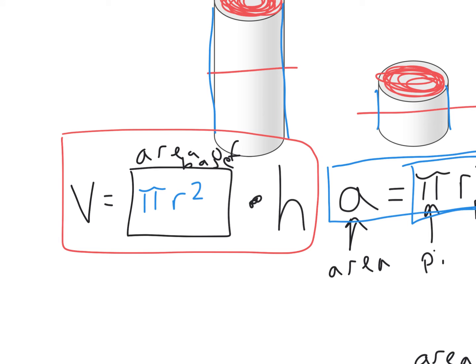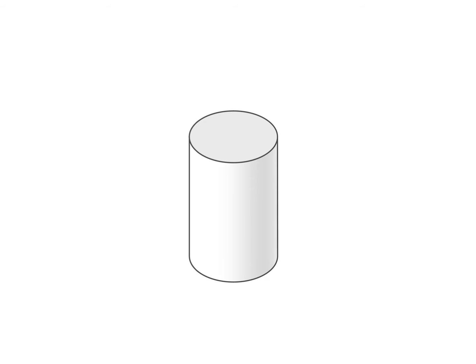So let me bring in a clean cylinder here, and we'll try one of these with some measurements. I want to start out by identifying where a radius would be. If you think back to what you learned about the area of circles, if you find the center point of the circle, where I just put a blue dot here, the center point of a base on a cylinder, and measure the distance out to the outside edge, that would be the radius.